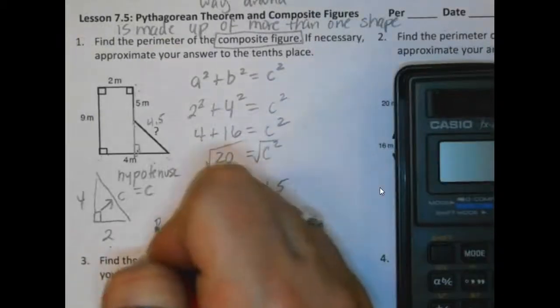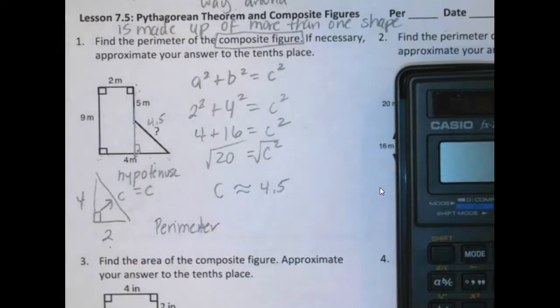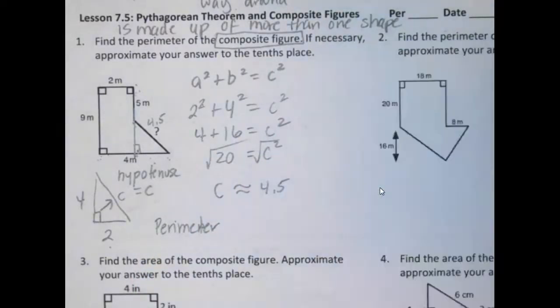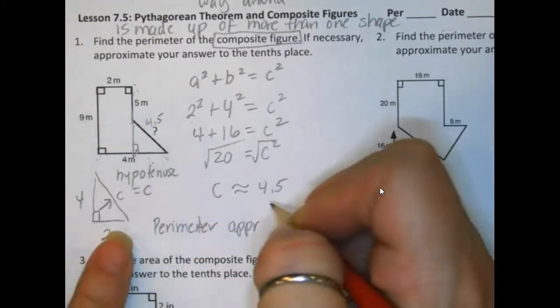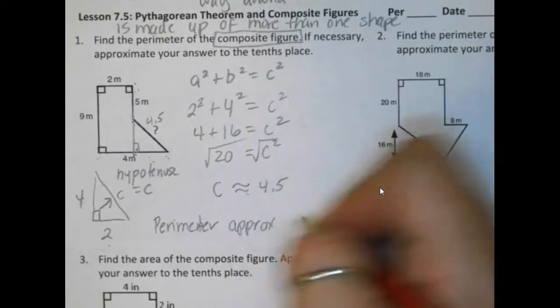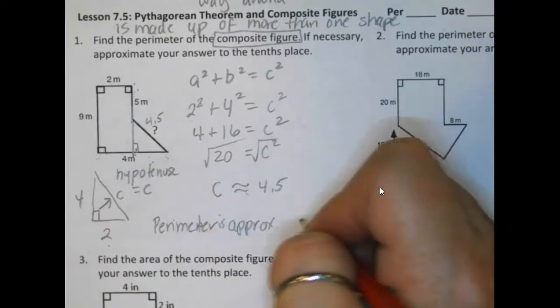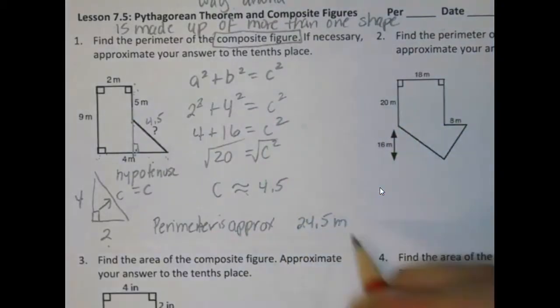What is the perimeter? 24.5, thank you. Is it exact? No, because this is an approximate. So we can say it's approximately 24.5 meters.